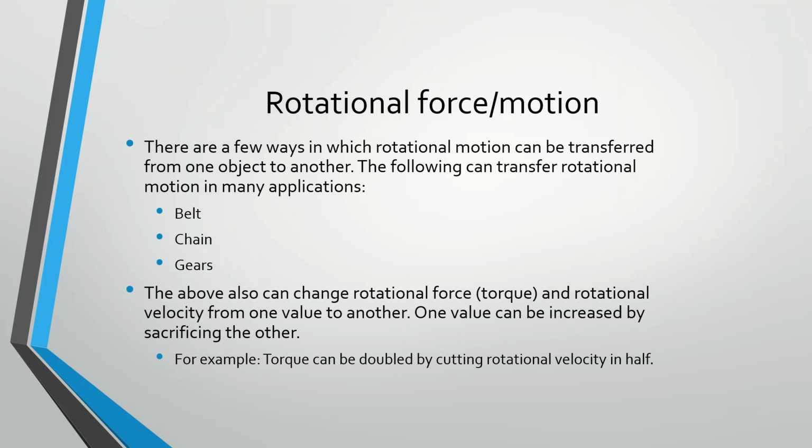Your wheel may need to rotate as slow as 1 RPM. So you can do that, but you need a way of slowing down that rotational speed, and you can do that via a transmission, and the transmission usually uses gears.